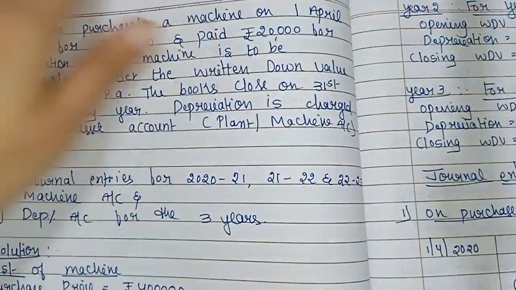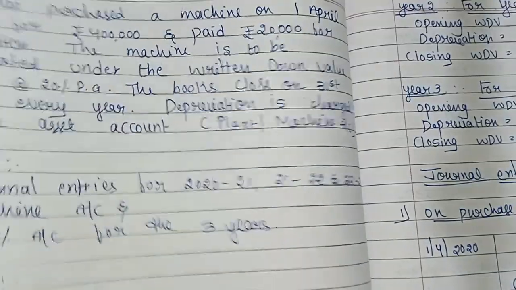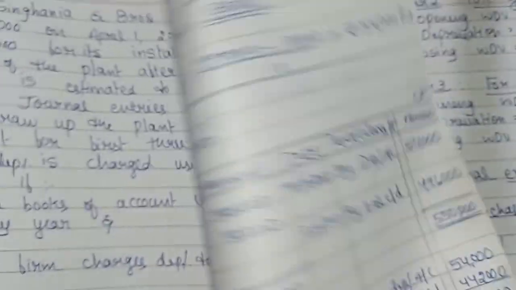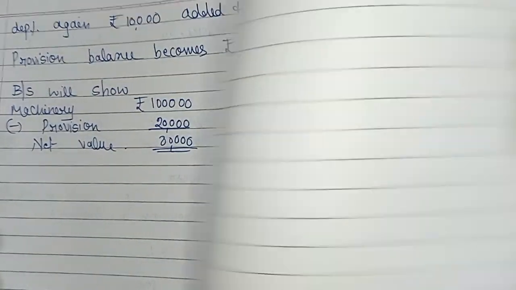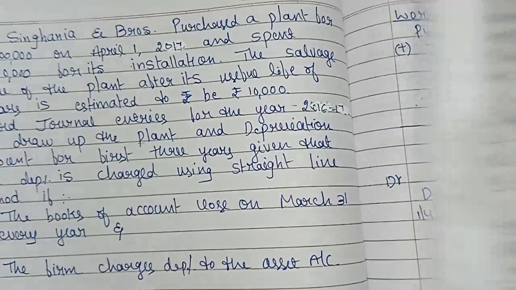Clear? So in this way we have to solve the problem under written down value method. Here, which method of recording depreciation have we used? Here we have used the direct method or asset account.